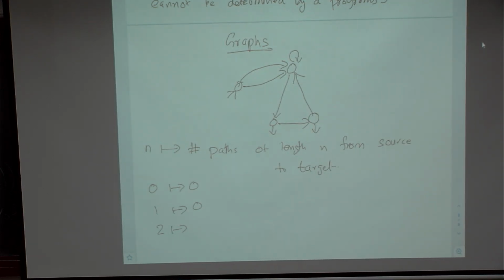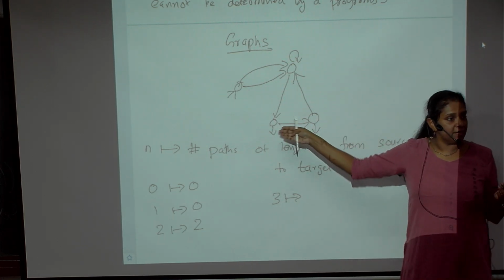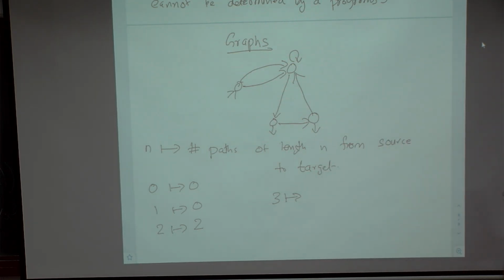So 2 will get mapped to 2. What about 3? Both of these are target. There can be multiple initial, multiple targets, not a problem.